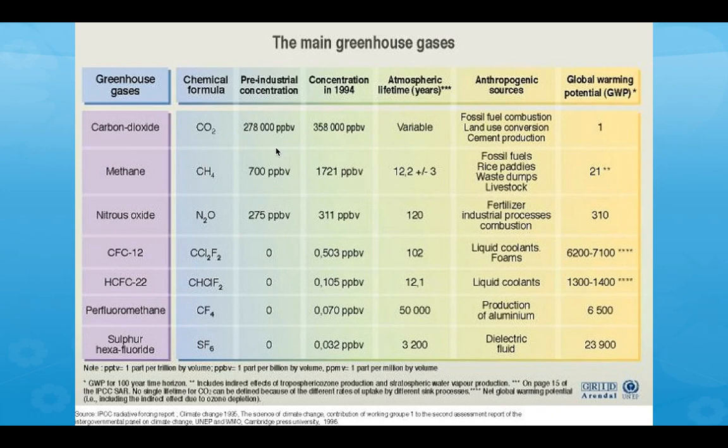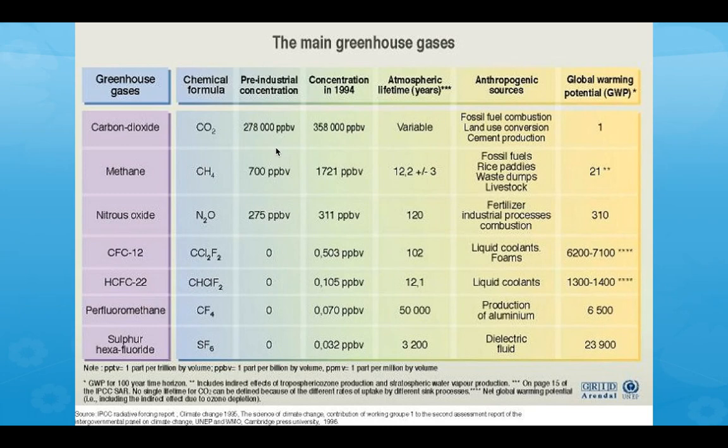Okay, methane. Where do we get methane from? Well, we get it from your farts, but you can also get it from fossil fuels, rice paddies, waste dumps, and livestock, because cows fart a lot. So before the Industrial Revolution, we had about 700 parts per billion by volume, and now we have about 1,721.